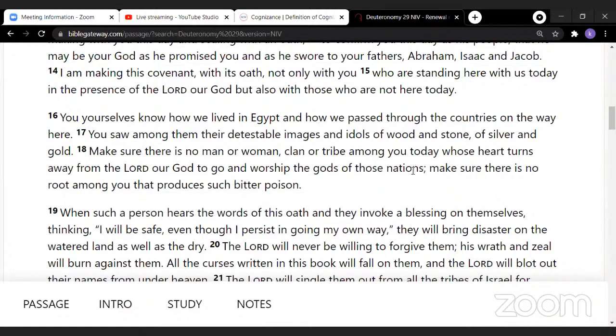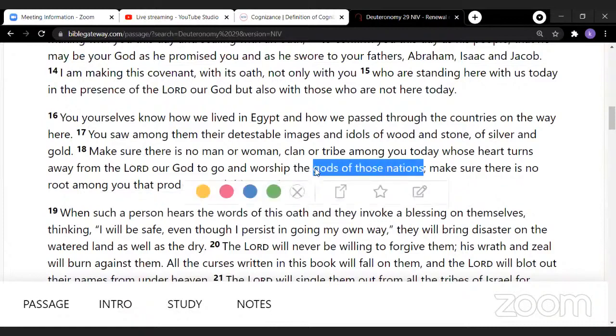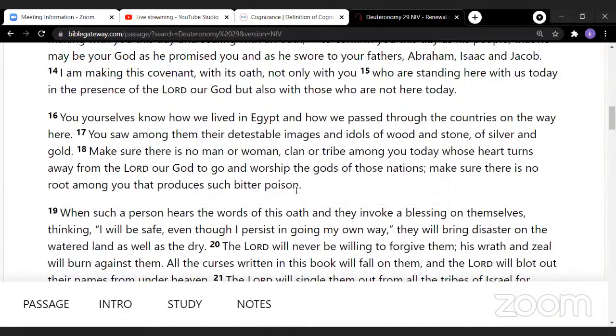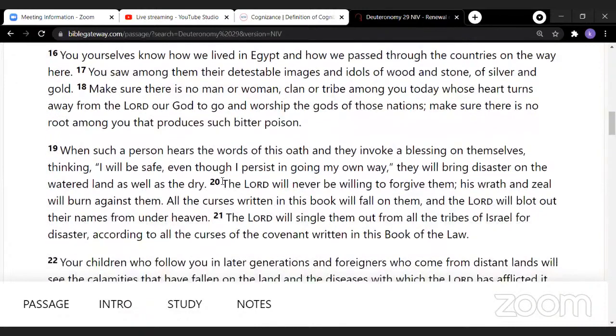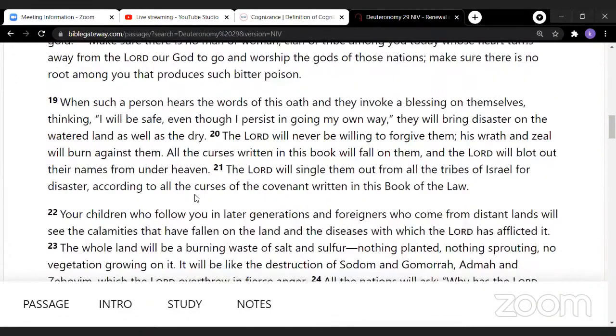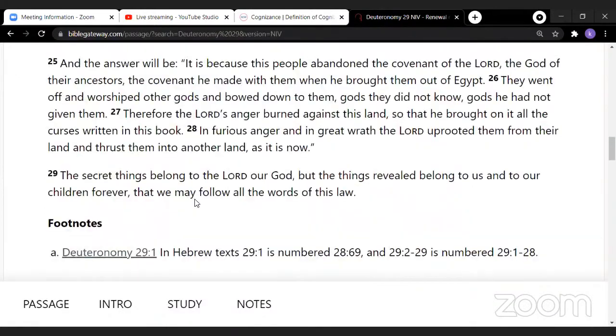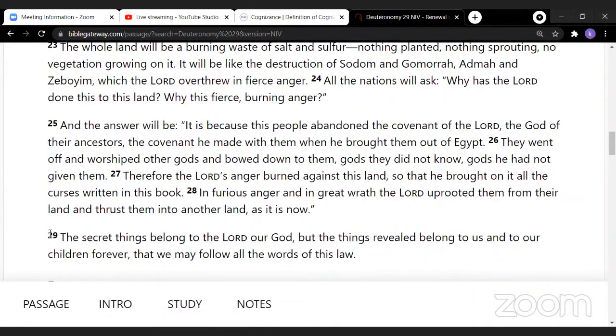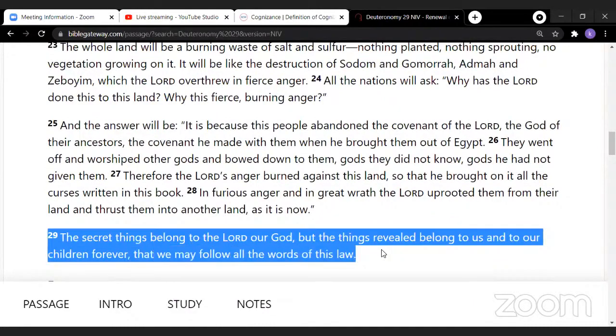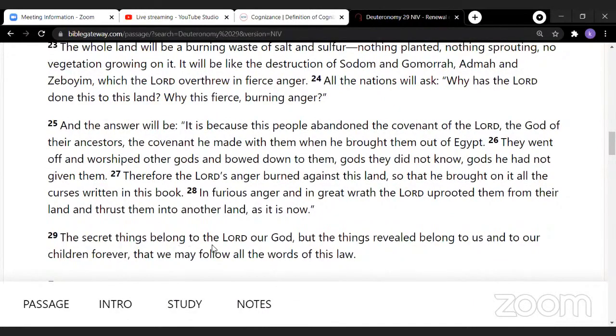So here, the people are afraid to abandon their deities because they're going to burn in hell. The Most High won't forgive them. And I don't know if you guys were in the class when we went through this. Deuteronomy 29, verse 29. The secret things belong to the Most High, our power, but the things revealed or disclosed, who's disclosing?